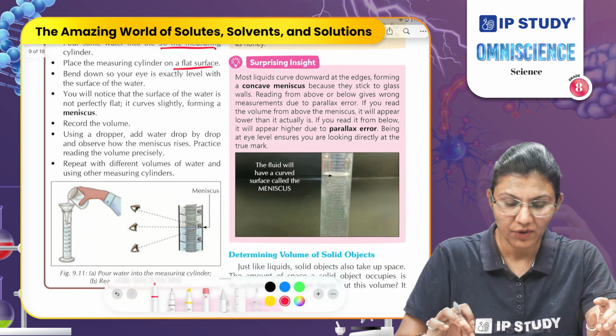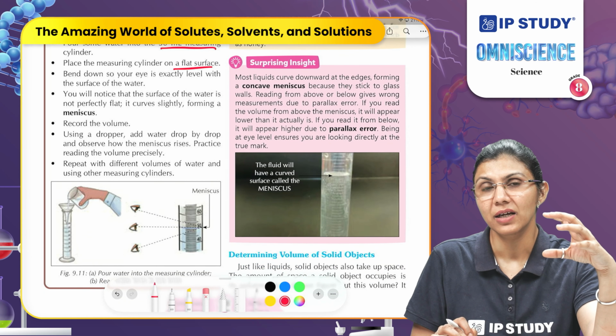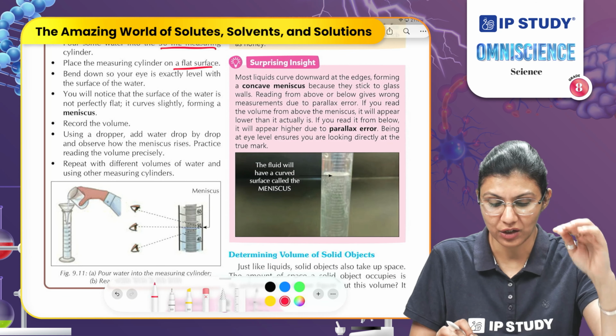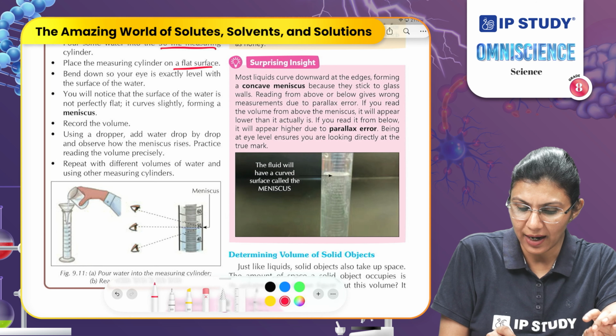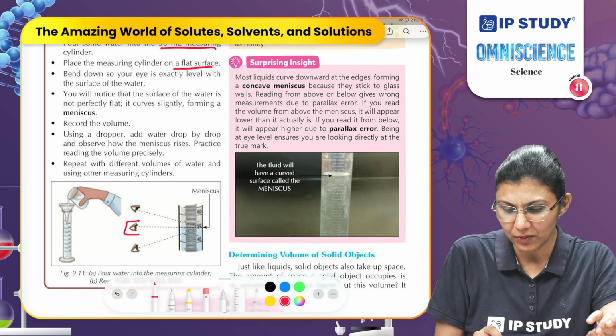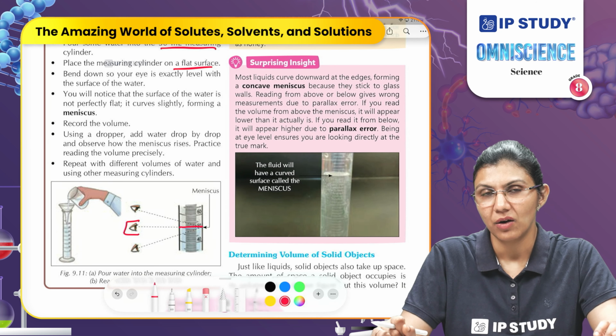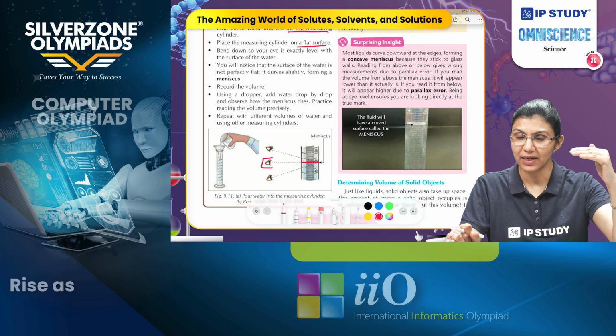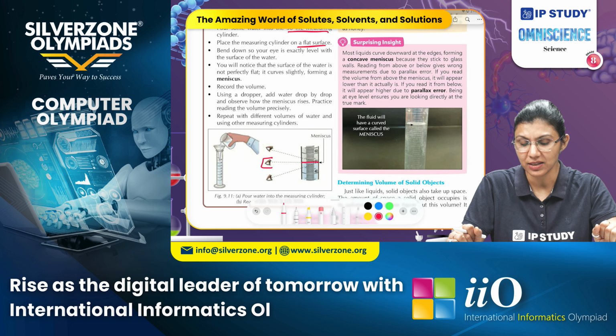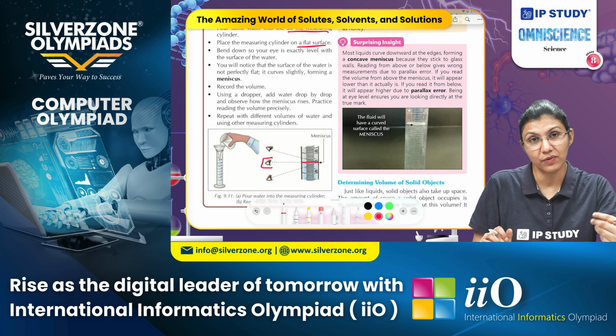Also, when you are observing and measuring the reading in the calibration, you need to keep your eye at the level of the liquid. What happens if you are not observing it from the same level? You are observing it from the lower level or slightly above the surface. So, how will this affect?